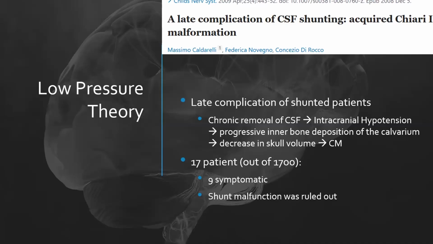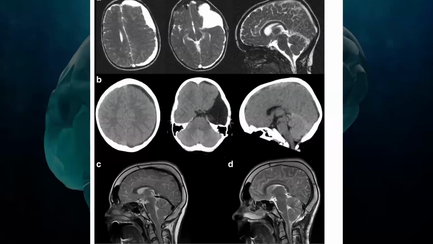But I'm sure all of us have had shunted patients who have developed Chiaris over time when you go back and look through the imaging. And this is, again, if you look at the bone, and I'll show some pictures later on, there is this deposition and thickening of the skull that you do see with these patients. That's typical. So this is one case example of a patient that had an arachnoid cyst, no Chiari malformation. The top row here is pre-intervention.